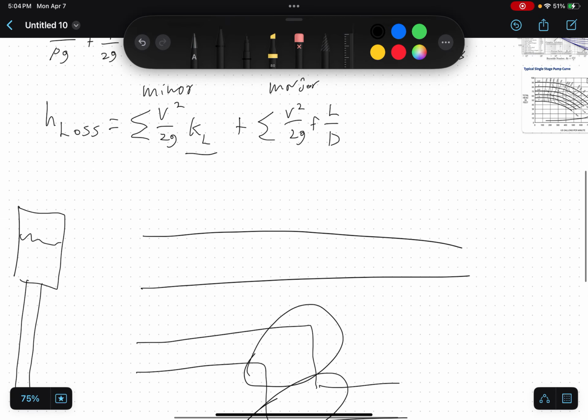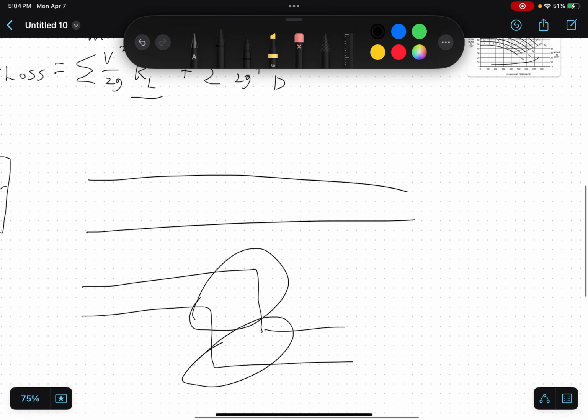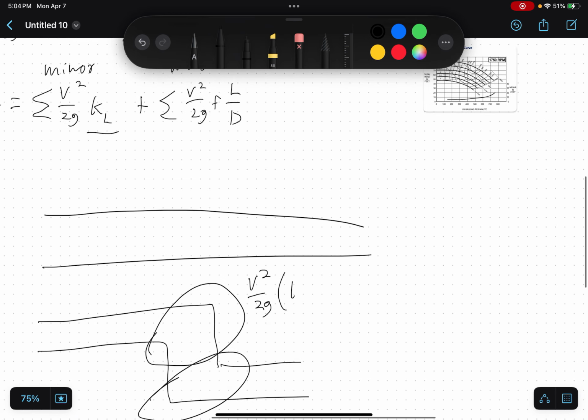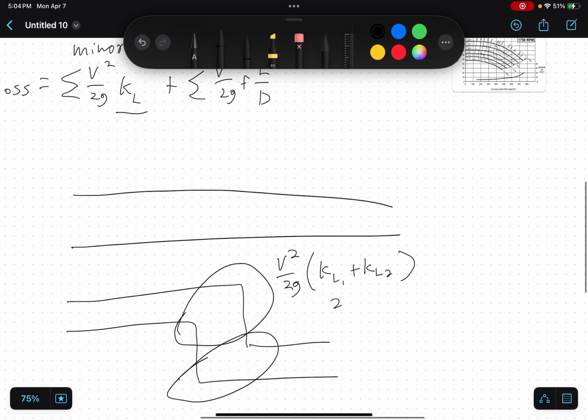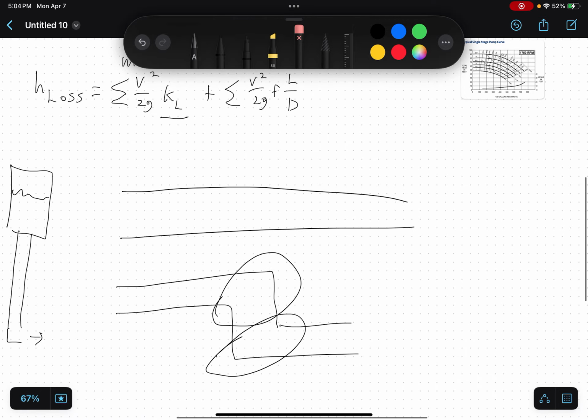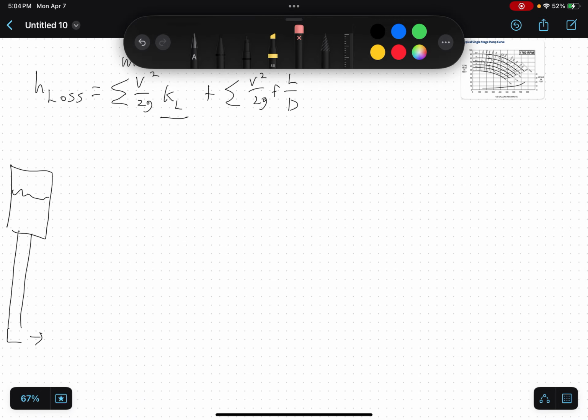Each of those has a loss coefficient, so then you would do V squared over 2g. You'll probably group them in this case, K_L1 plus K_L2. And maybe they're the same because they're both 90-degree turns, so then it'll just be 2K_L. So that is the minor losses.